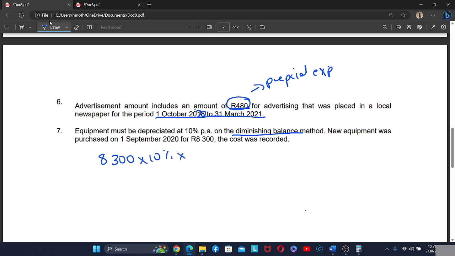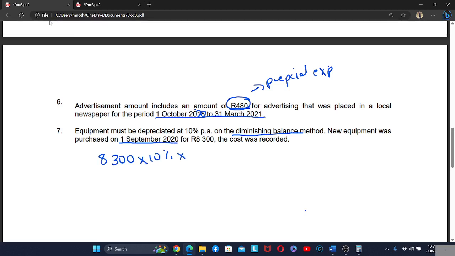Now, this equipment was bought on the 1st of September 2020. So this means that this equipment stayed for how many months in our financial year? Remember, our year ends on 28 February 2021. So it's going to be September, October, November, December, January, February. It stayed for 6 months.